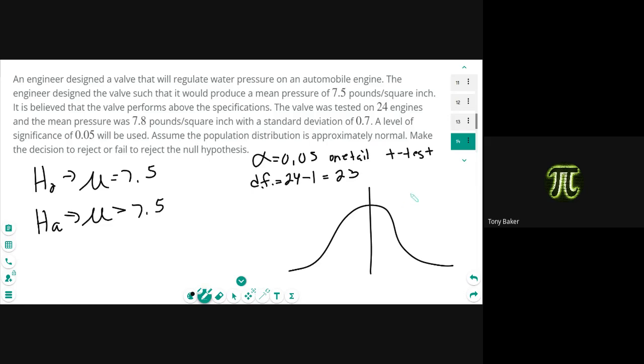All right, so one-tailed, so we're looking over here, because it's greater than the 7.5. So we're looking at one-tailed 0.05 and 23. So 1.714.